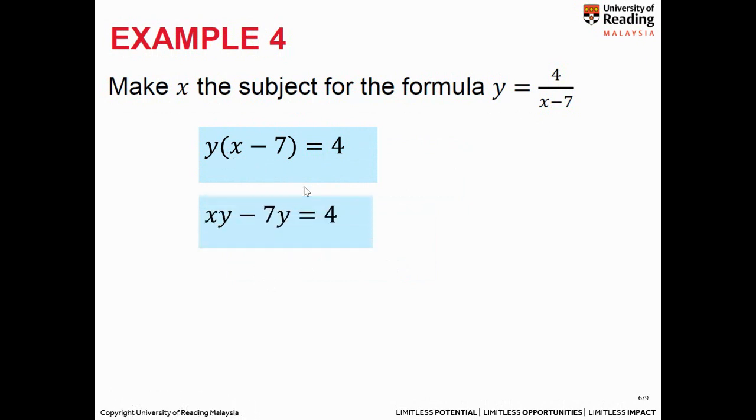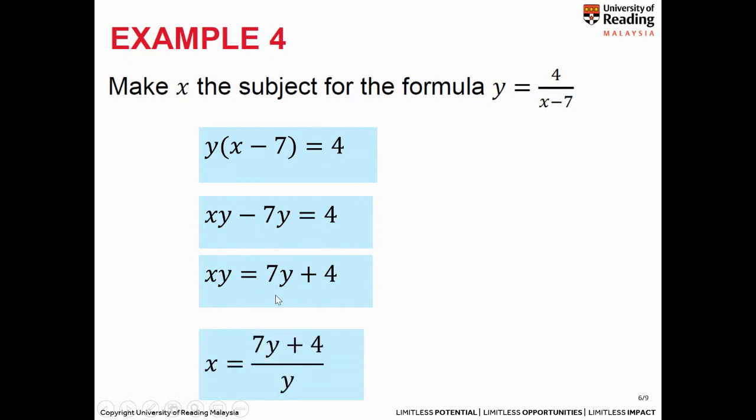Then you may expand to get xy minus 7y equal to 4. Then the minus 7y from left hand side, you bring over to right hand side, it becomes plus 7y. We need not put a plus here. After that, look at the left hand side. We do not want the y. So you shall bring the y to the right hand side. So y is multiplied with x. So when you bring it over, it becomes divide. So your answer is 7y plus 4, whole thing over y.